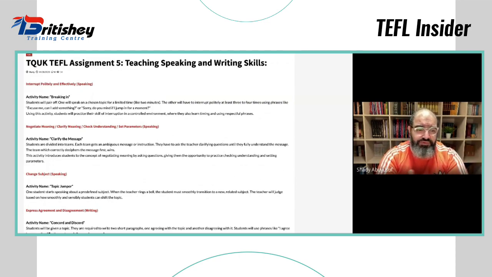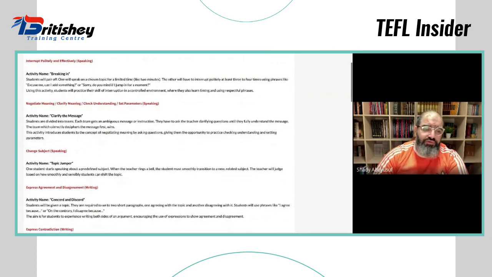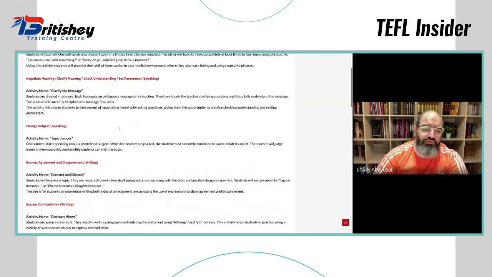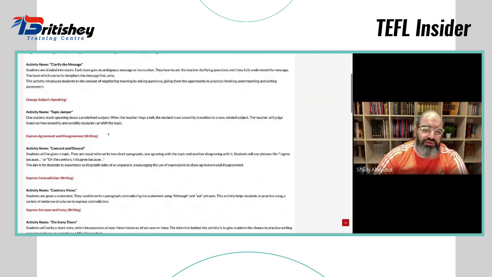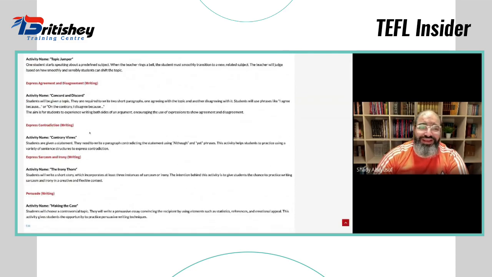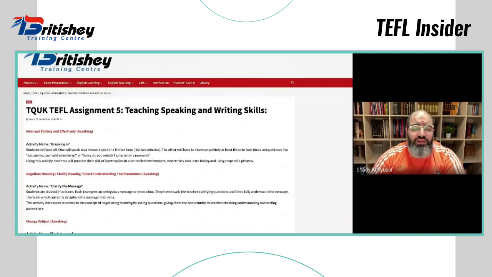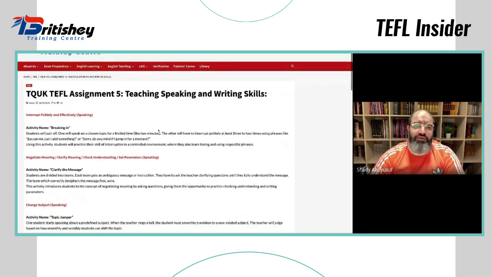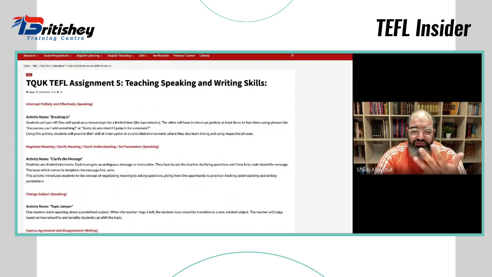You have also an idea for negotiate meaning, an idea for change subject, an idea for writing, an idea for expressing contradiction, and it goes like that. So answering this part of the assignment, my friend, you can either select from a course book or you can design yourself. Both are available. For designing, please go back to this article on Britishey.com. It will help you a lot.